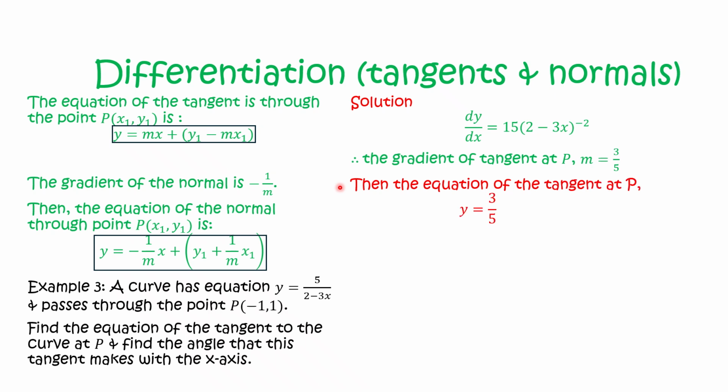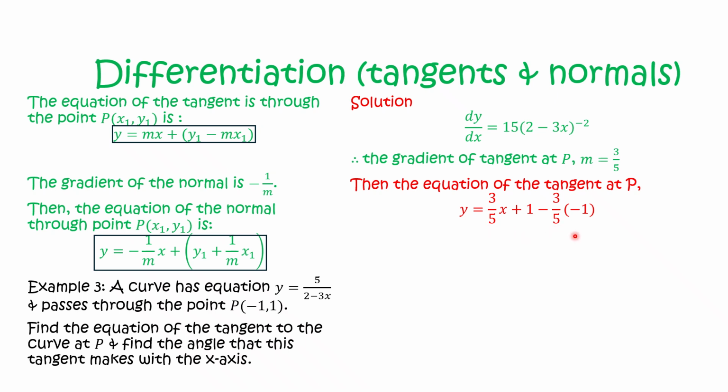Then the equation of the tangent at point P: we know the gradient of that particular tangent, and we also have the y1 and the x1. So making use of the formula that we have on the left-hand side, the first one, we are going to substitute.